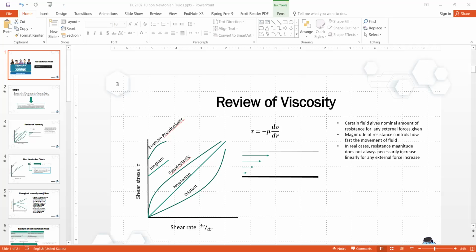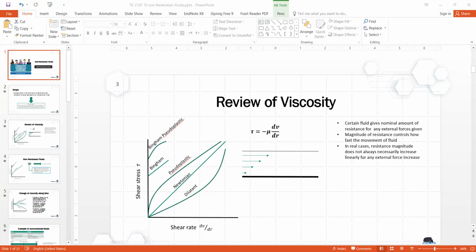So what is the unit of the viscosity? Mu is equal to what? Can you guys mention it? I think you guys have seen this in the opening of our class in fluid mechanics.